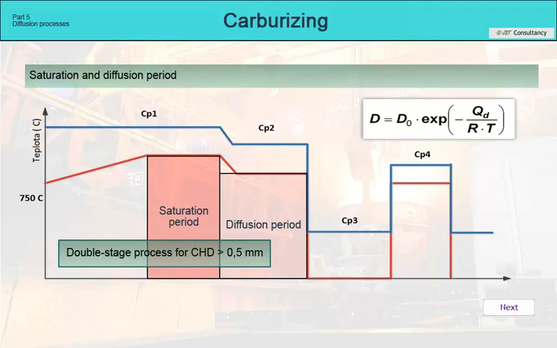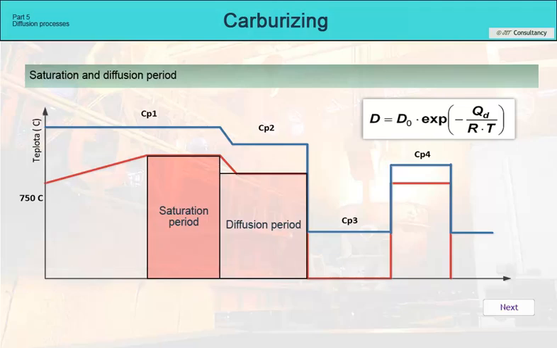The graph shows the temperature profile of the furnace when the batch is loaded into a heated and carbon-saturated hot zone. At a high atmospheric potential Cp of 1 to 1.2, the steel is saturated with carbon. Since the carbon potential gradient between the atmosphere and the surface is highest at this stage of the process, the amount of carbon transferred is also high.